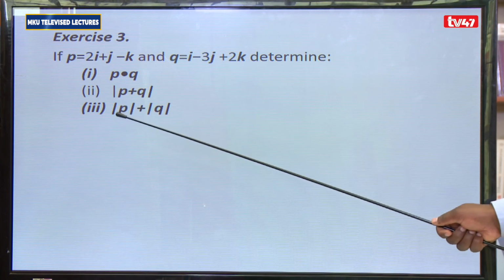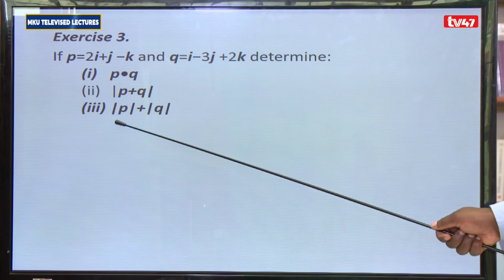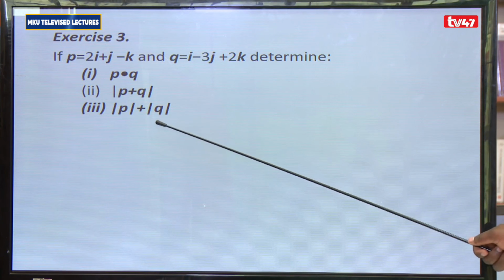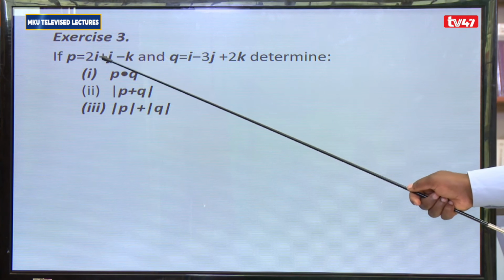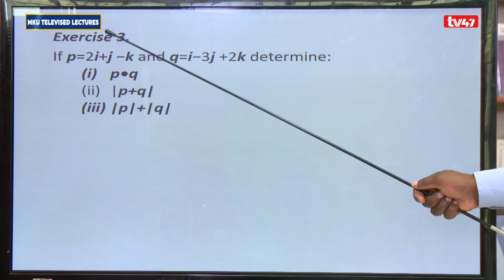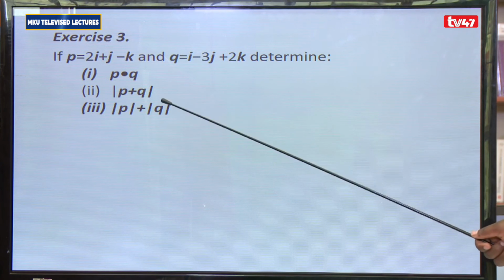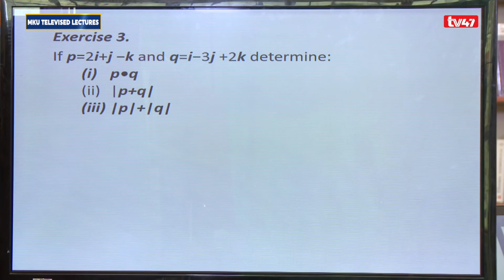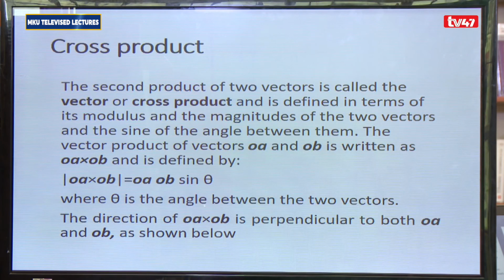This is, you get the magnitude of P, then add that to the magnitude of Q. So you are going to get the magnitude of this, get the horizontal and vertical components, and then get the magnitude of that, and then you get the magnitude of this one, and then you add the two magnitudes together. And that is how you are going to handle that.